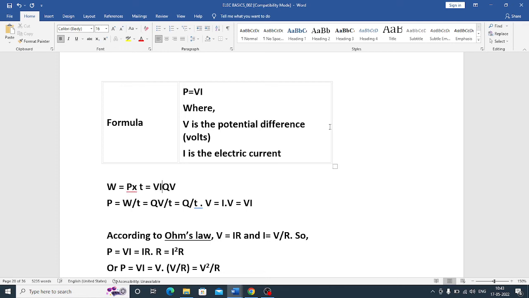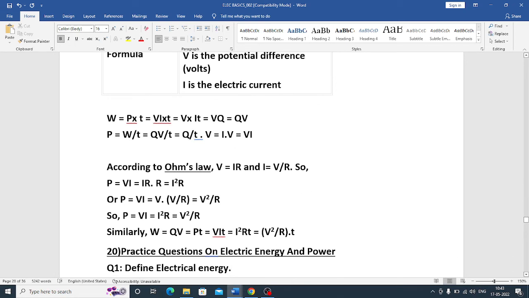VI into T is equal to V into IT is equal to VQ. Hence we write QV. Okay, all these things you know. So by application of Ohm's law, you can simplify or get many equations.